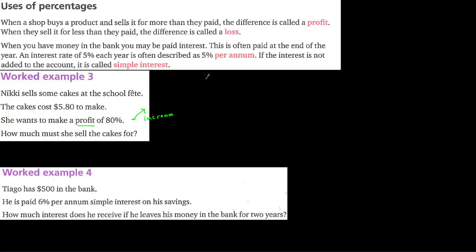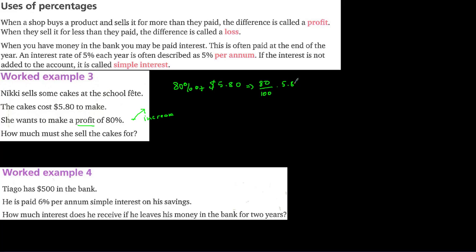So I'm going to find firstly, actually let me write like this: 80% of $5.8. So it's going to be equal to, as you remember from the first page, 80 divided by 100 times 5.8.